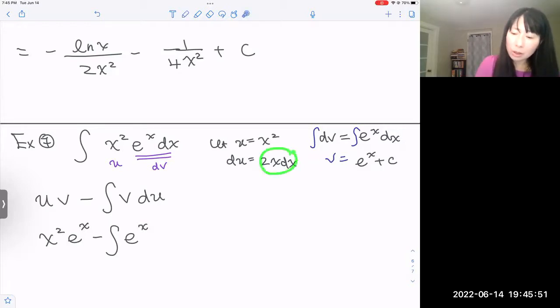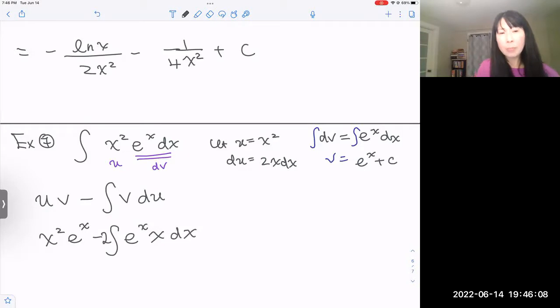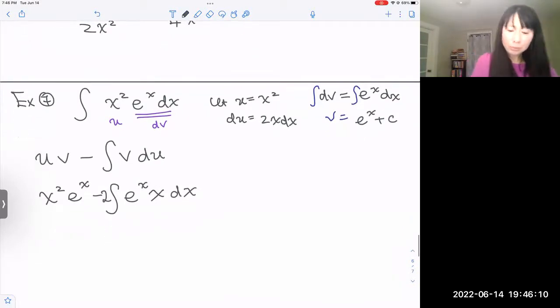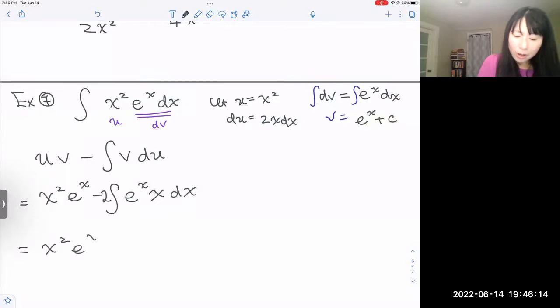I'm going to take the constant outside of the integral symbol, so we have 2 times the integral of x e to the x dx. Now, x squared e to the x minus 2.